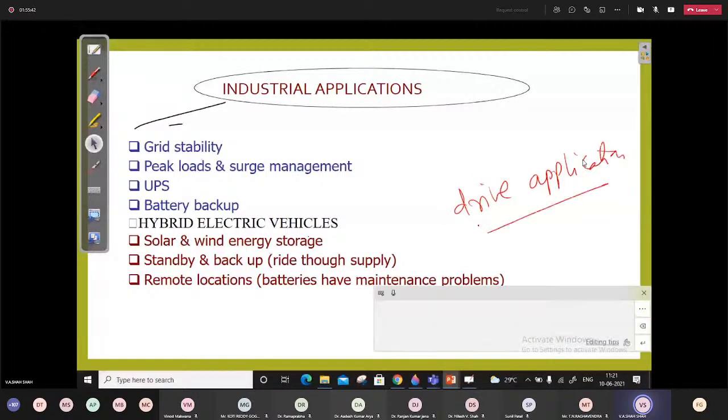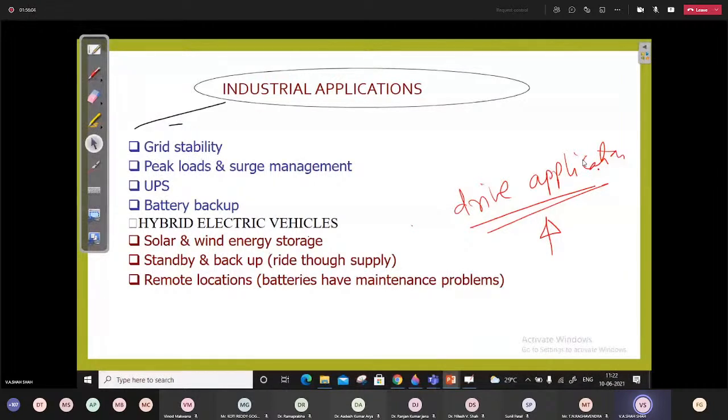In case of power failure conditions, momentarily the supercapacitor will support the functionality of the drive, because we all know that electric drives are very sensitive to any abnormality occurring in the system, even for a short period of time.